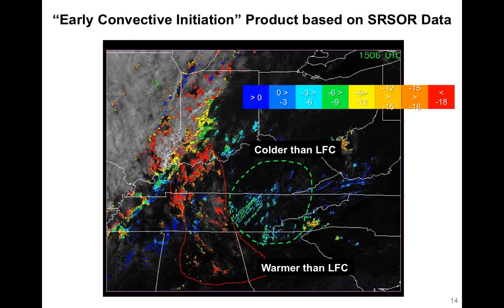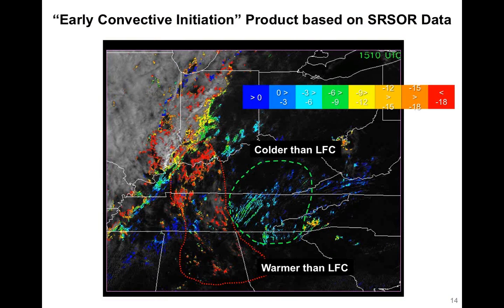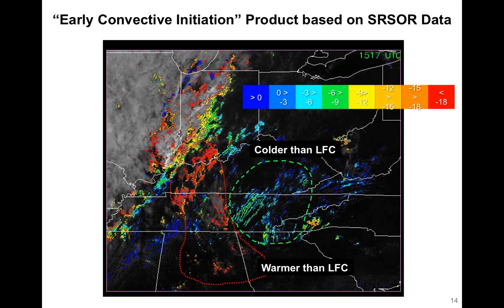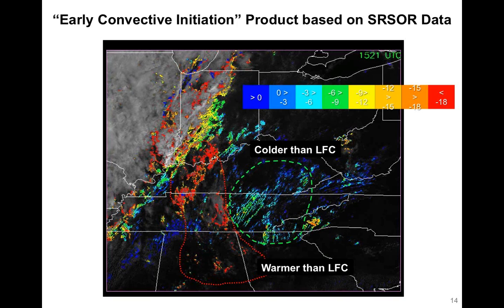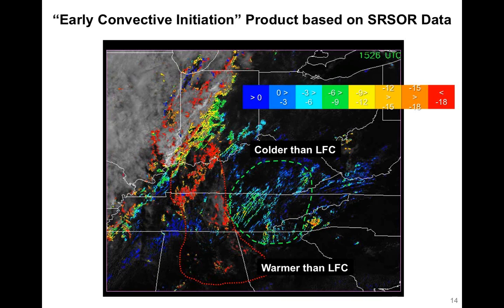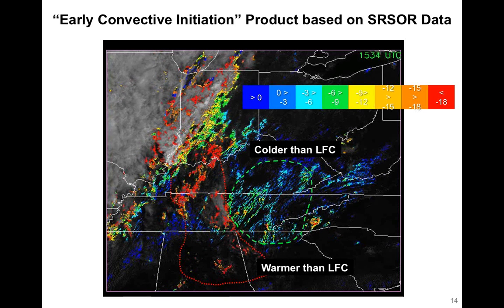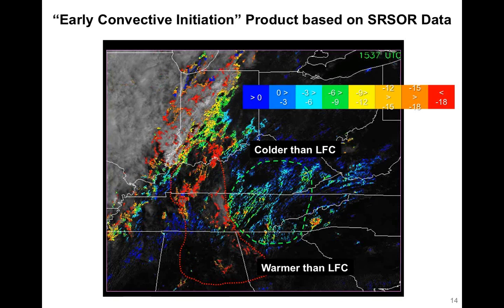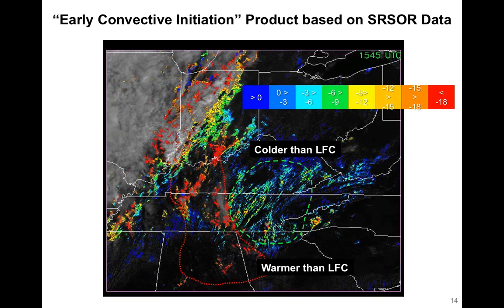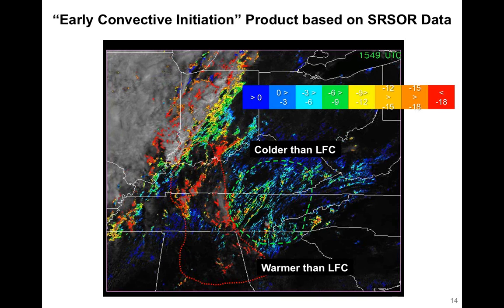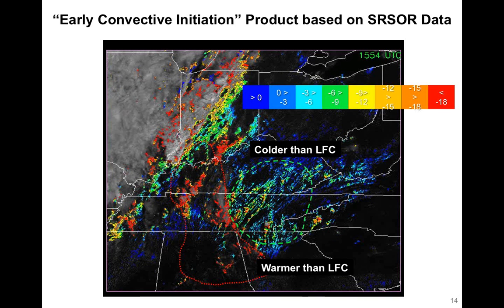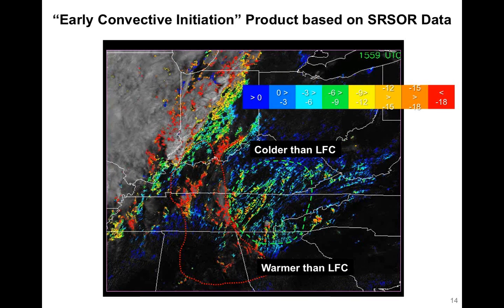Kind of changing gears, slide number 14. This is another example of the convective initiation product where we take the 1-minute data from super rapid scan. We simplify the algorithm because we don't need to track the clouds so much, but what we do is evaluate the cumulus clouds relative to the temperature of the level of free convection.